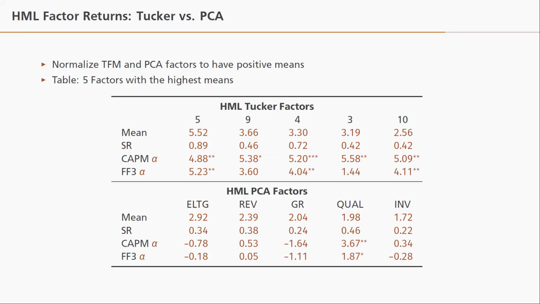Okay, so here's 0.89, 0.72, right? So the highest here is 0.46. And if I regress these factor returns on the market or the 3-factor model, you can see actually a lot of alphas are significant, while these alphas are not significant for the PCA factors.